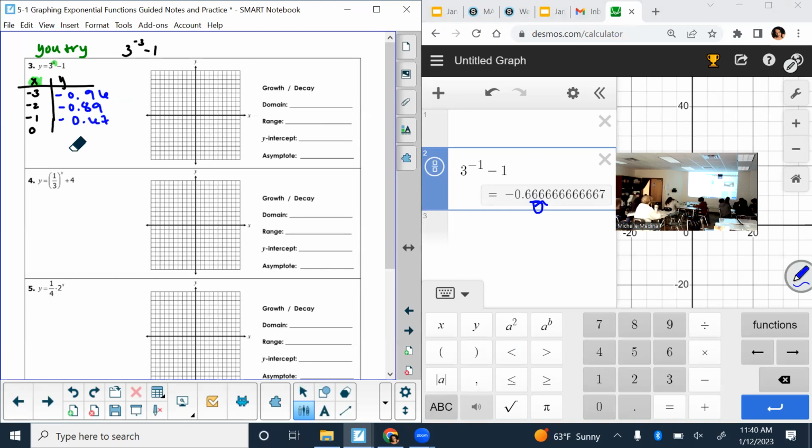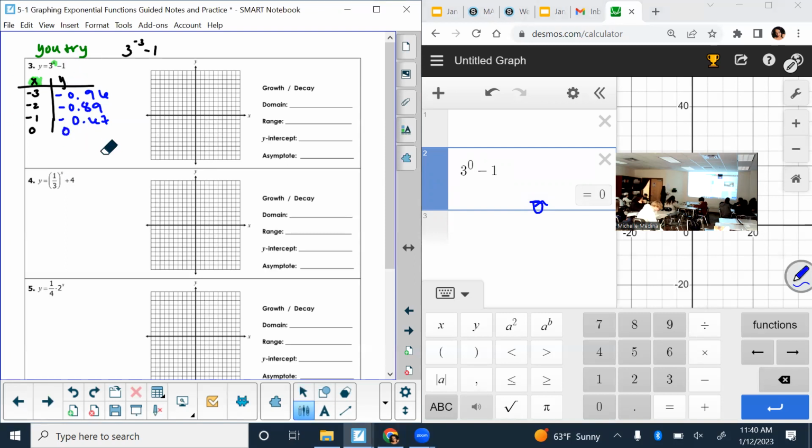All right, anything to the 0 power is normally 1, but don't forget in this one, there's a few more things attached in there. So it's 3 to the 0 power, which becomes 1, and then it's -1. So when in doubt, just put it in your calculator to be sure. So really that becomes 0, and there's also a -1 in the equation.